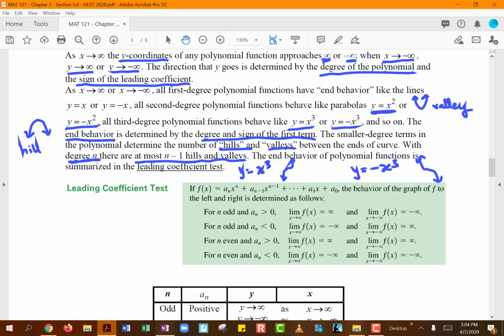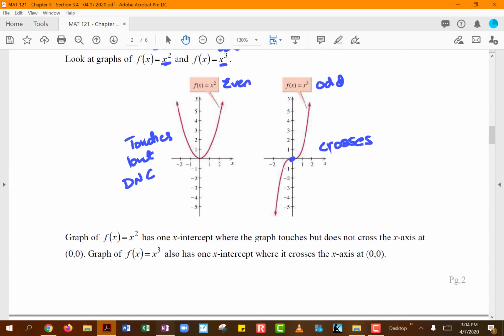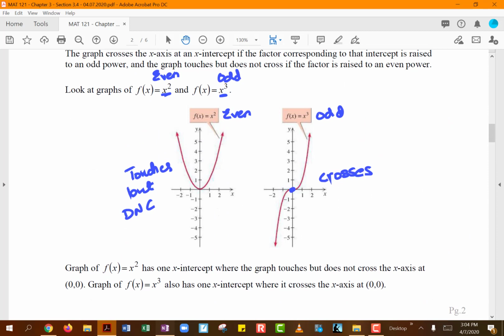For your x to the 3rd function, that's a 3-degree polynomial, which means we should have at most 2 hills and valleys, right? If you think about this, I'm going to show it to you on this function, even though you can't see it. If I just draw this graph a little bit, you can think of this portion as the hill and this one as the valley.